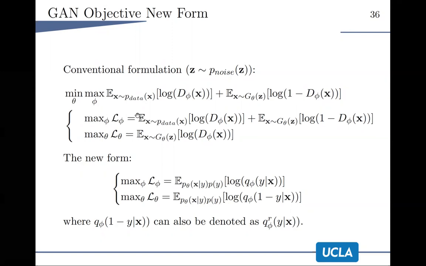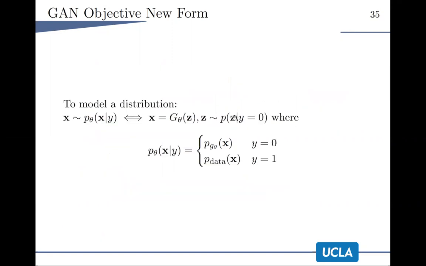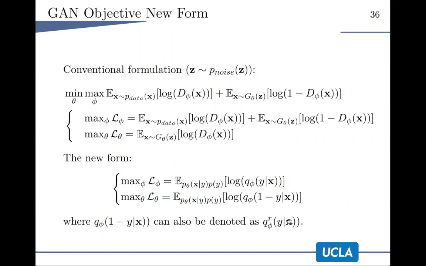It could be written like this: when we are training the discriminator, we do this, and when we are training the generator, we do this. We can rewrite it into a new form by introducing the y that we talked about, the label of whether or not it's synthetic data, and it's written this way.